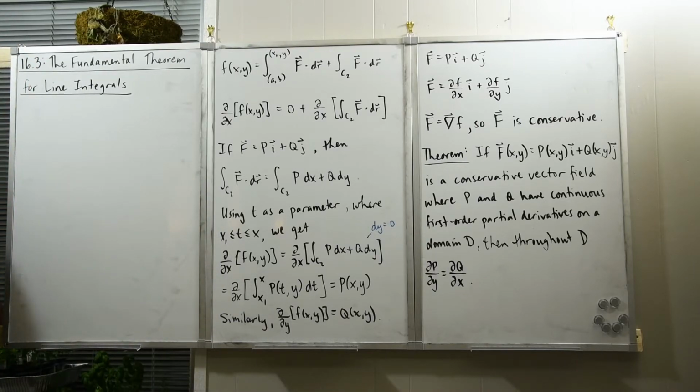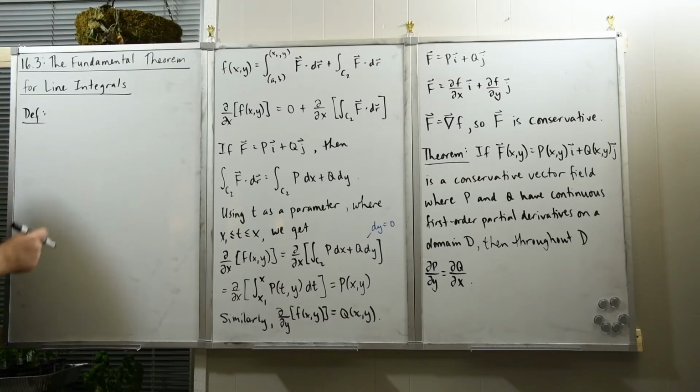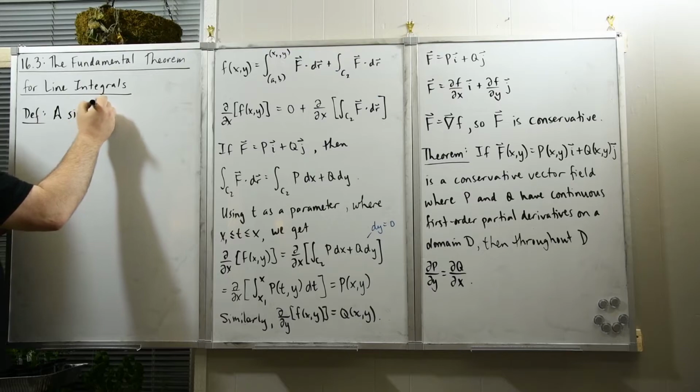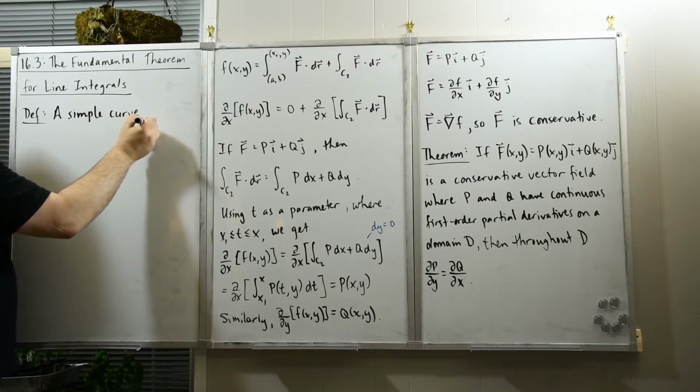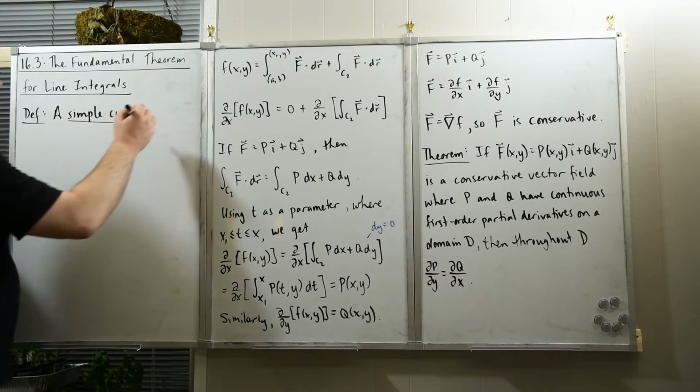So now let's take a look at a couple of definitions here. For this definition, we have a simple curve. A simple curve is a curve that doesn't intersect itself anywhere between its endpoints.